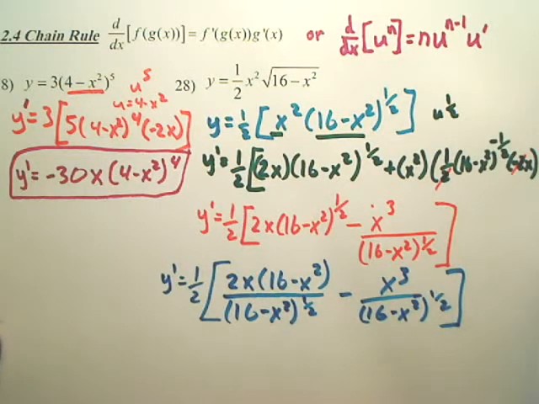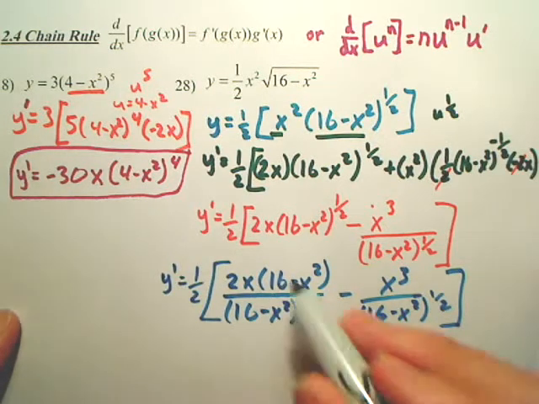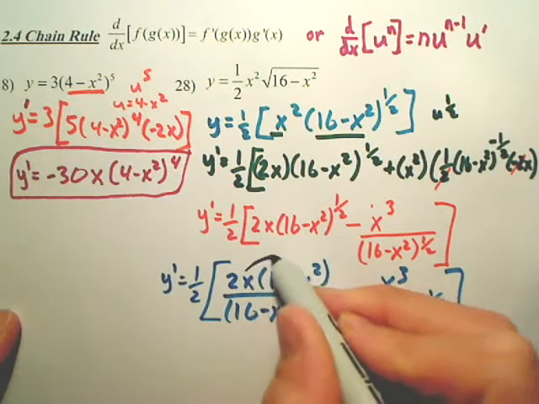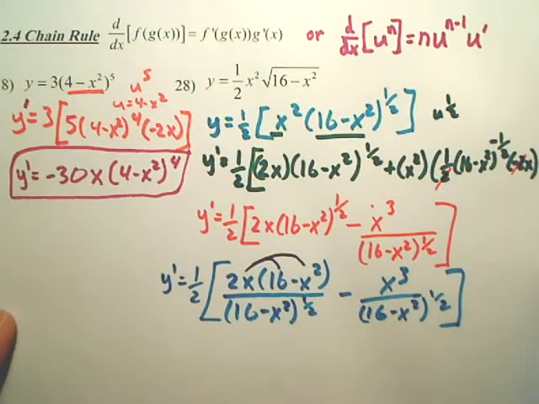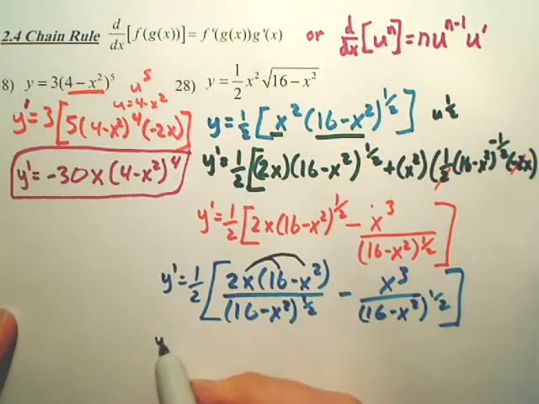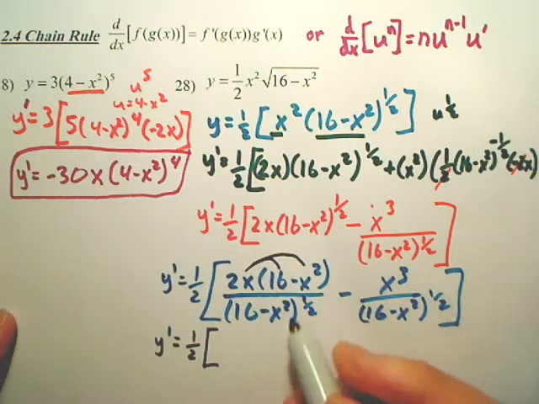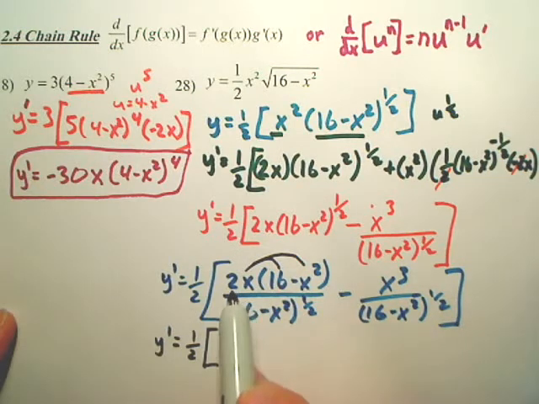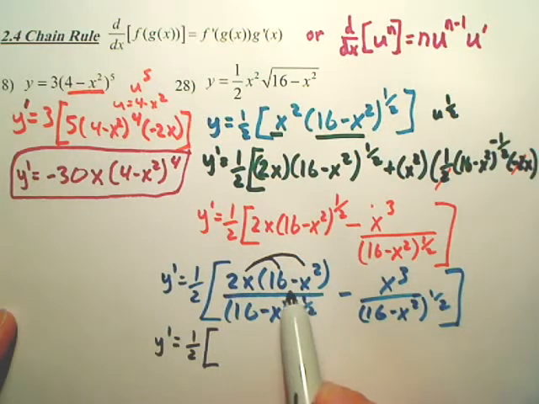Okay, so next, can you distribute? And it looks like we have y prime equals 1/2. Can we combine and distribute? What I end up with is a 2x times negative x squared. Does that give you x cubed?